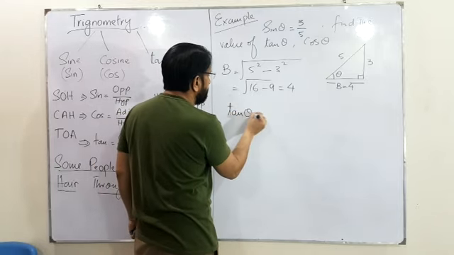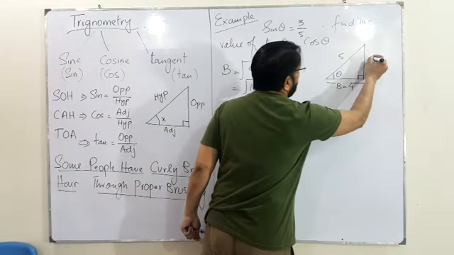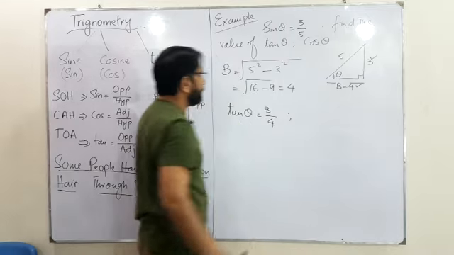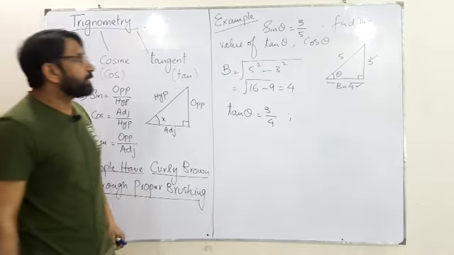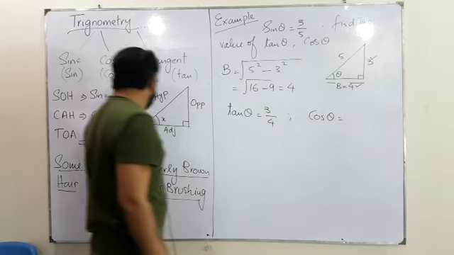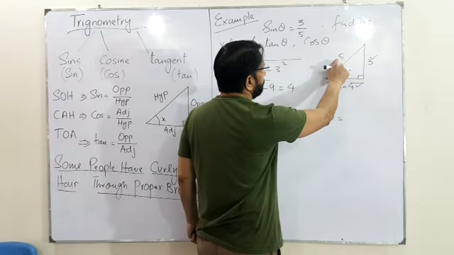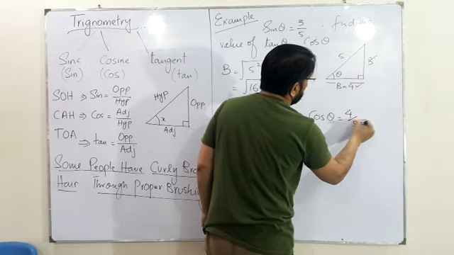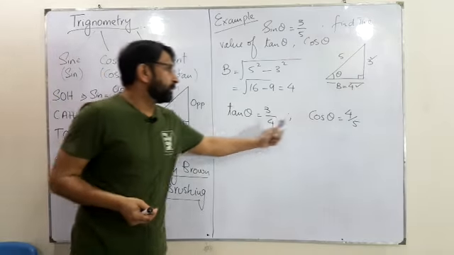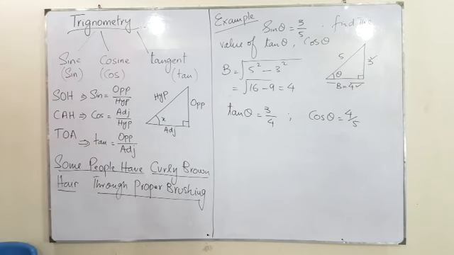As we have seen earlier, tan is equal to opposite over adjacent, so we are able to find the exact value of tan theta. Similarly, cos theta is adjacent over hypotenuse, that means 4 over 5. In this way we can find out the exact value of cos and tan.